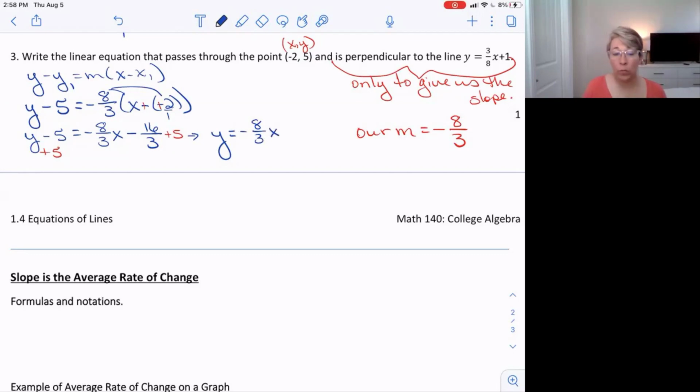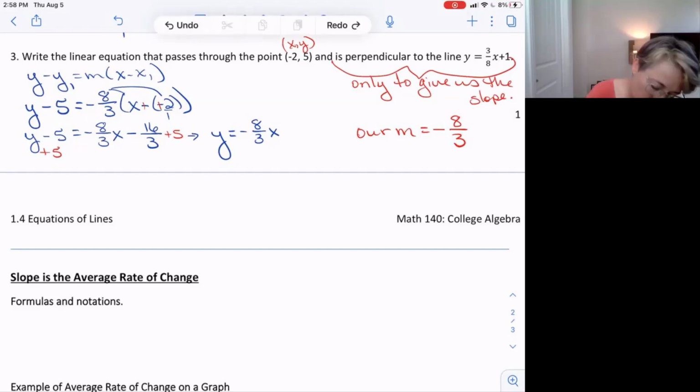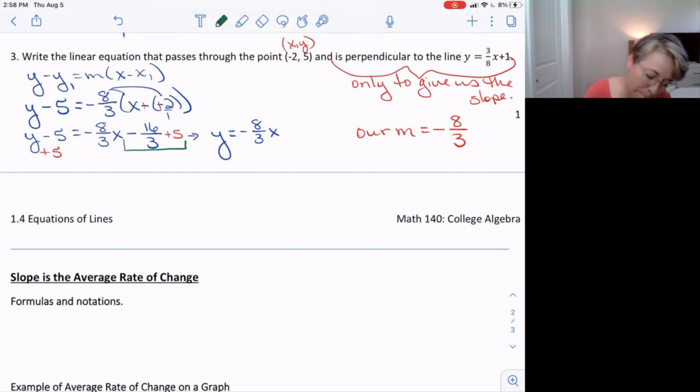It would be helpful to rewrite that 5 so we can add these two together. So in order to combine those two, we have -16/3 plus, I'm going to change that 5 to 15/3. -16/3 plus 15/3 gives us -1/3. So that is our b.